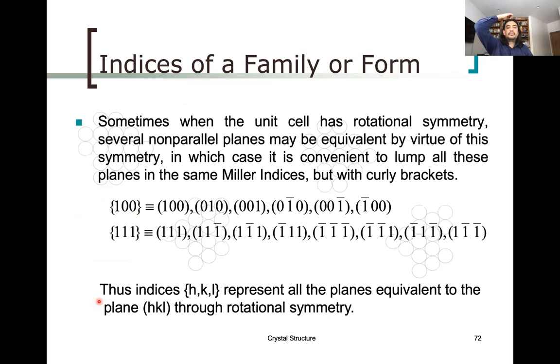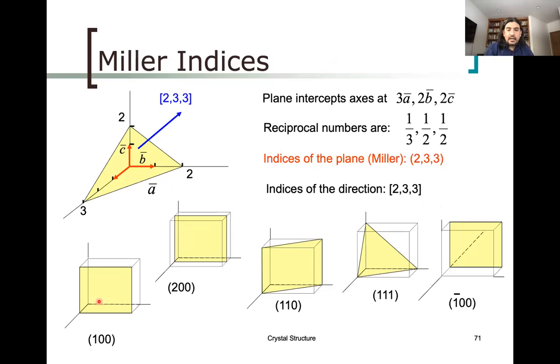So what is the difference between 100 and 1 bar 00? All right, so the difference between 100 and 1 bar 00, they're almost identical, except that one is this back facet, right? So when would you use the bar ones? If you were talking about a slab that has this size, let's say something that had two elements in it, like zinc oxide.